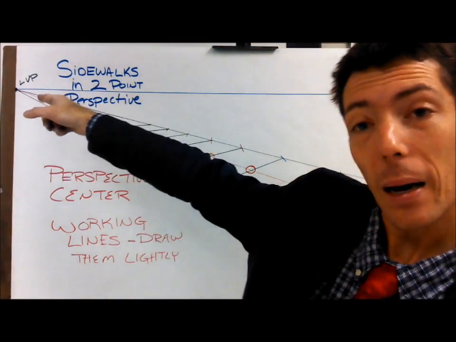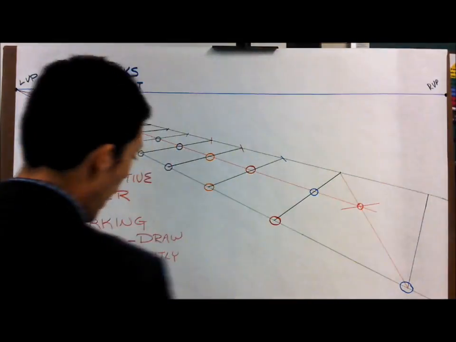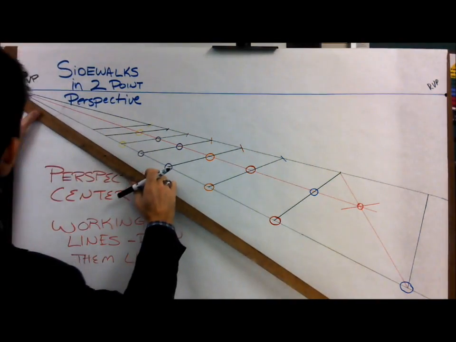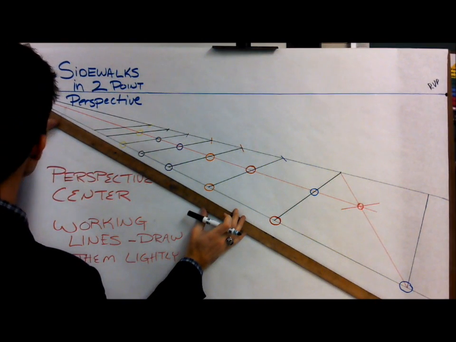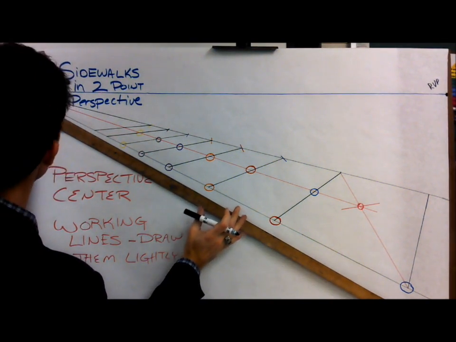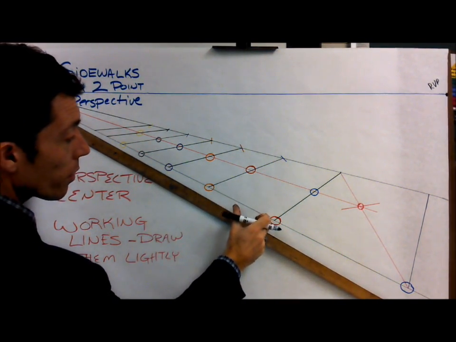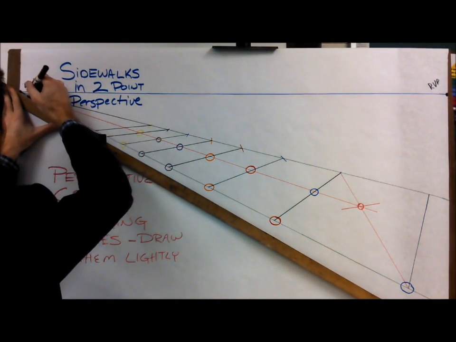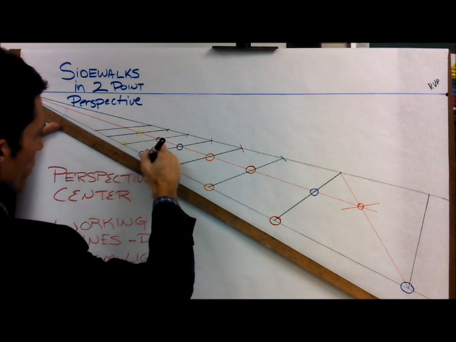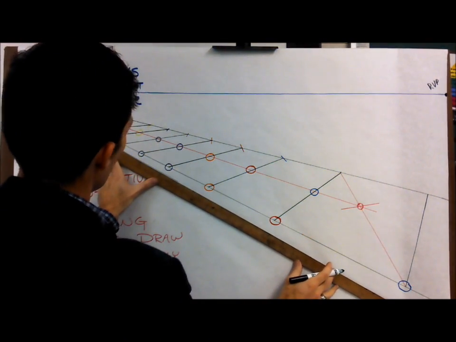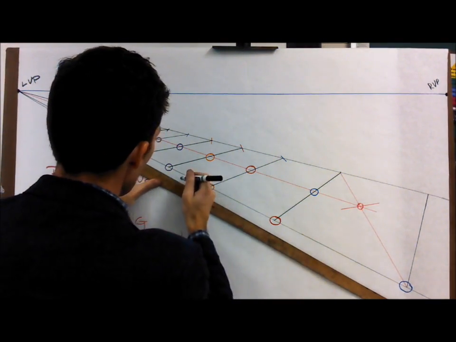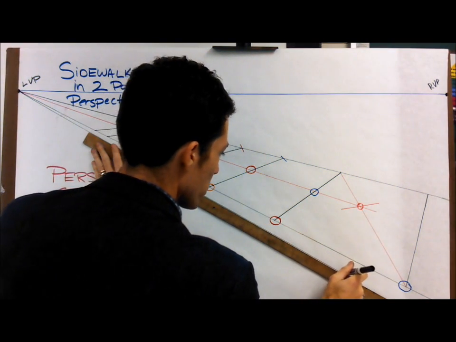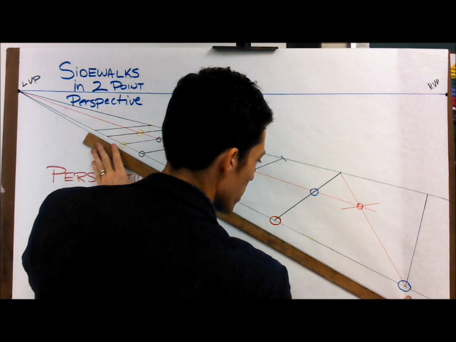So from my left vanishing point, I am going to draw another diagonal line. This time it's going to be closer to the bottom here. And for illustrative purposes, I'm going to make it kind of big. So I'm going to draw this line in. So this is where the sidewalk meets my street.